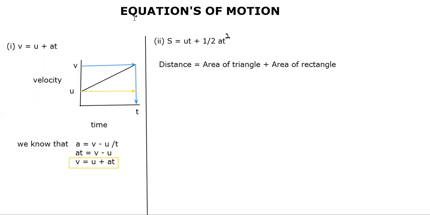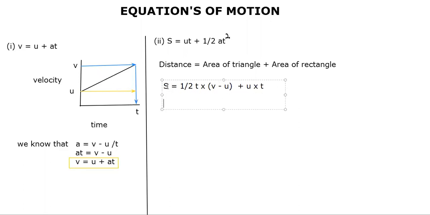Now we'll put the values with symbols. Distance s is equal to area of triangle. Area of triangle is half base, base is t, multiplied by height. Height is v minus u, so I'm putting it in a bracket, v minus u, bracket close, plus area of rectangle, which is length into breadth. Length is t and width is u, so u multiplied by t.